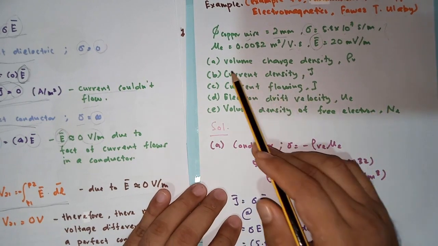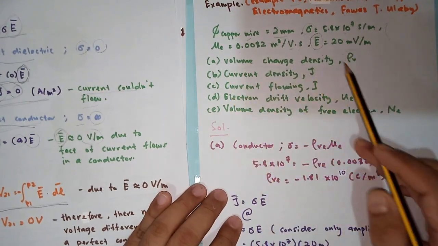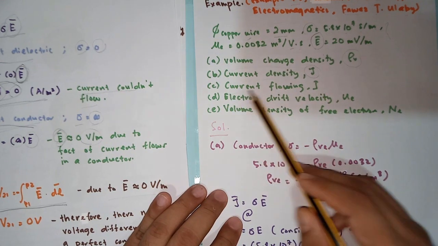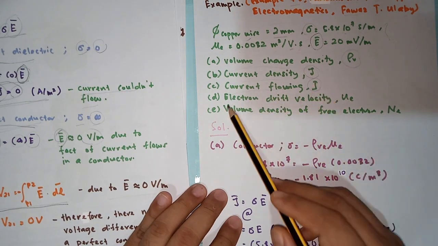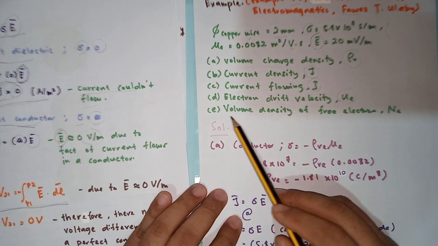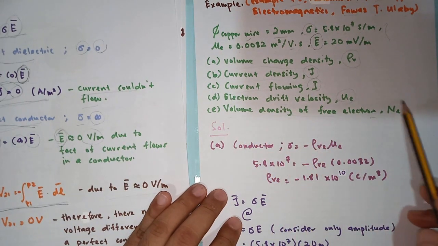We need to calculate the volume charge density, which is our rho V, the current density J, the current flowing I, the electron drift velocity UE, and the volume density of free electrons, which is Ne.